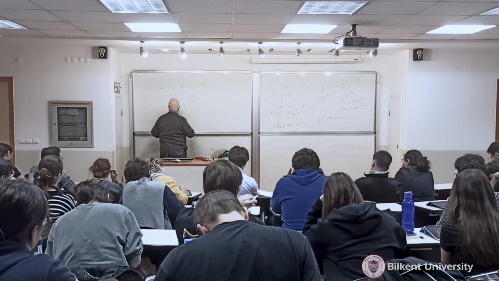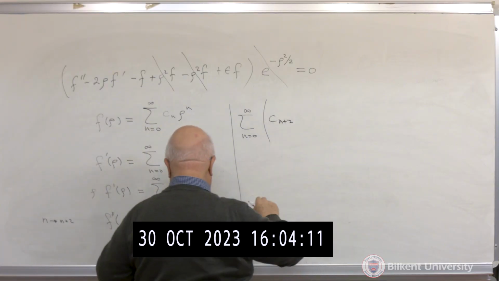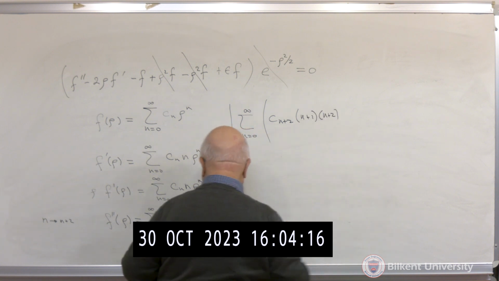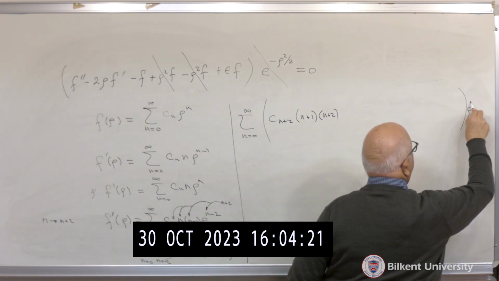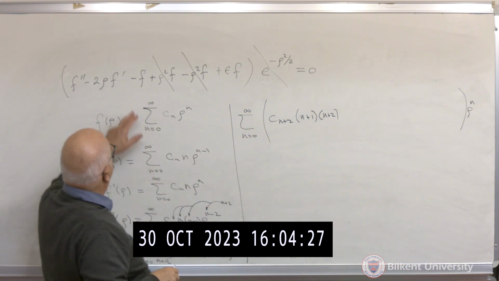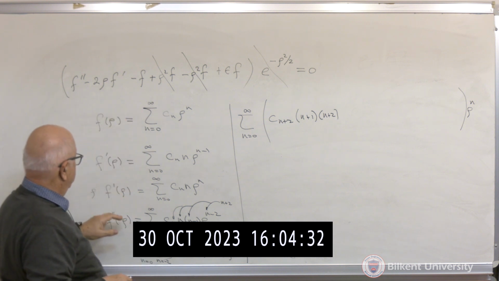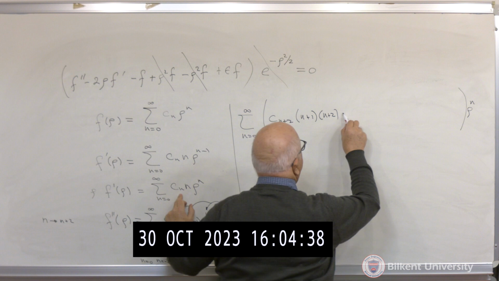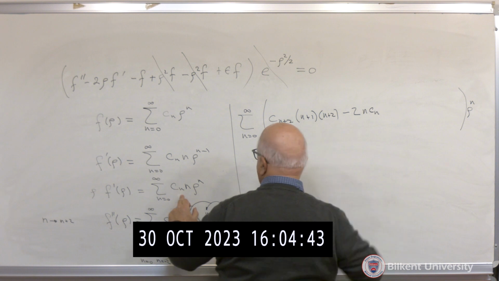So f double prime is C_{n+2}(n+1)(n+2). Okay? I'll have a big sum, then I have rho to the n over here. And then I have minus 2 rho f prime. So it's this term. So it's going to be minus 2n times Cn.